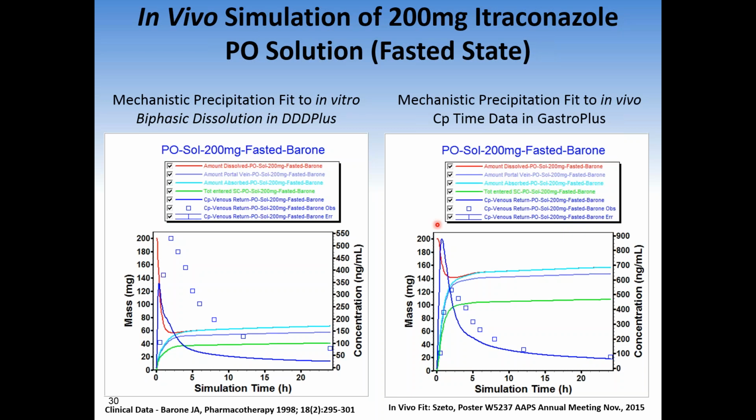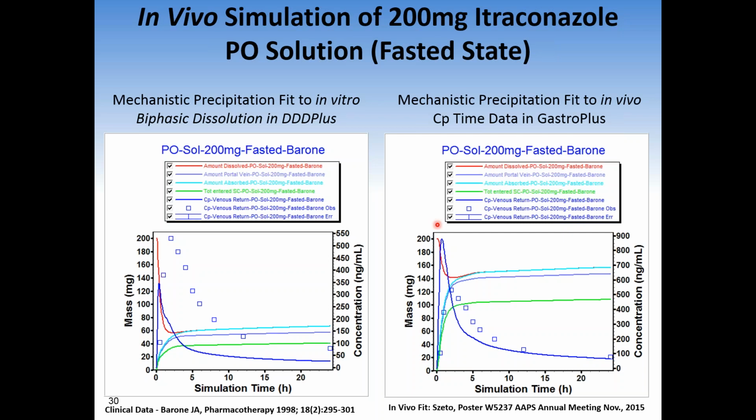So in this case, our parameters from the in vitro experiment over-predicted precipitation, and we've seen this if you've come to these meetings for the last 2 or 3 years. I think in the past we've presented that, for the most part, in vitro precipitation assays generally overpredict in vivo precipitation.